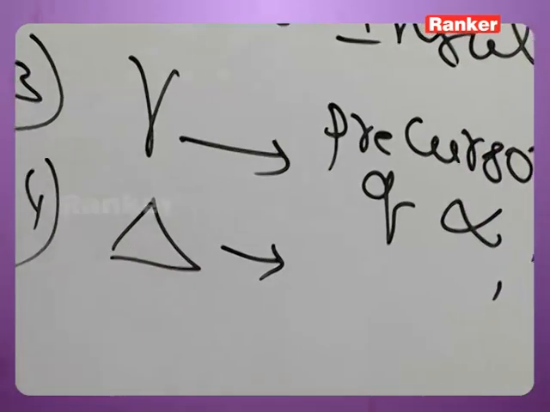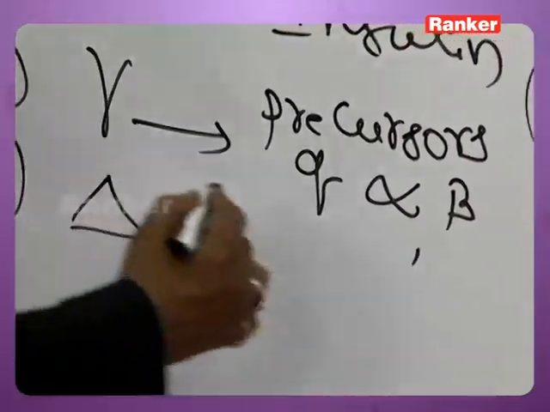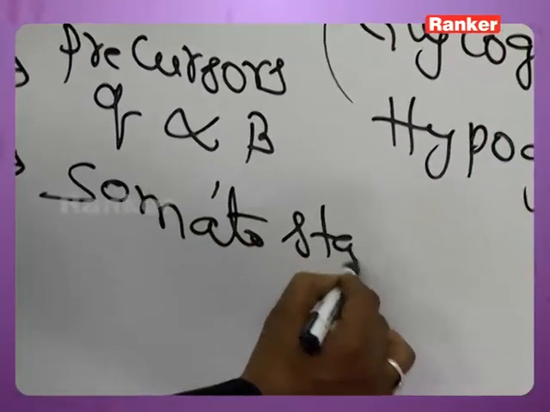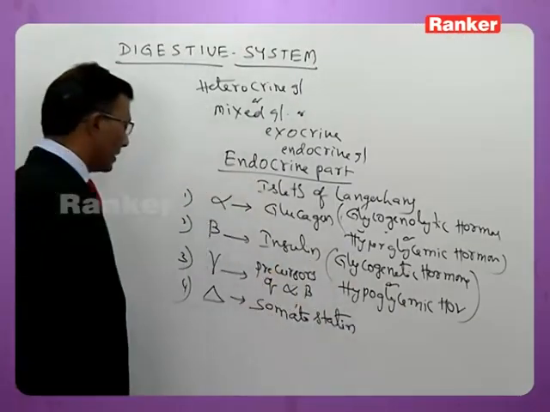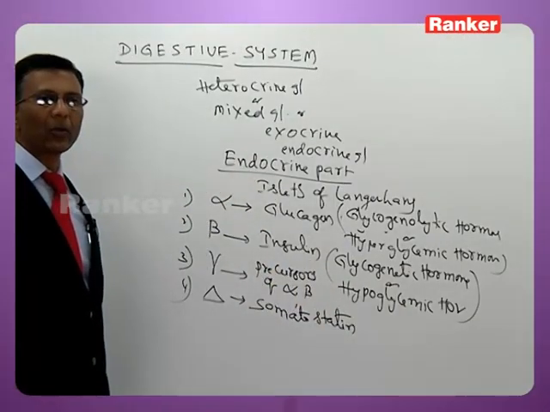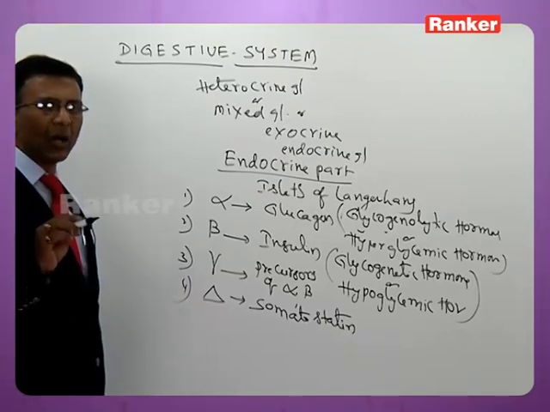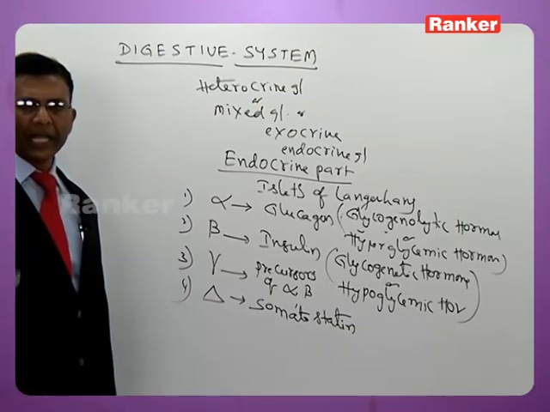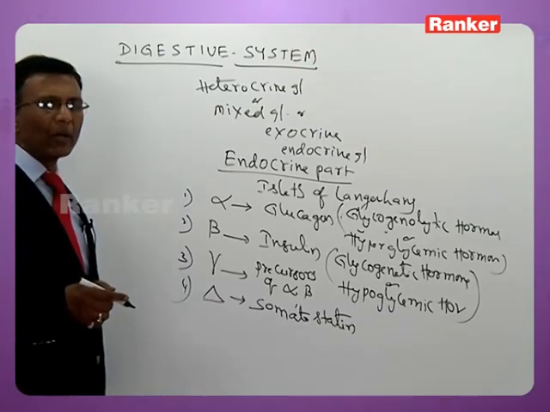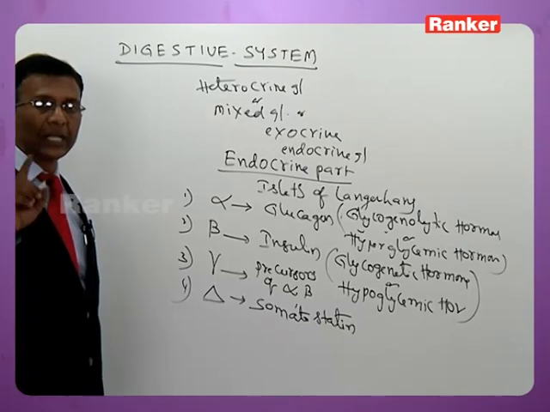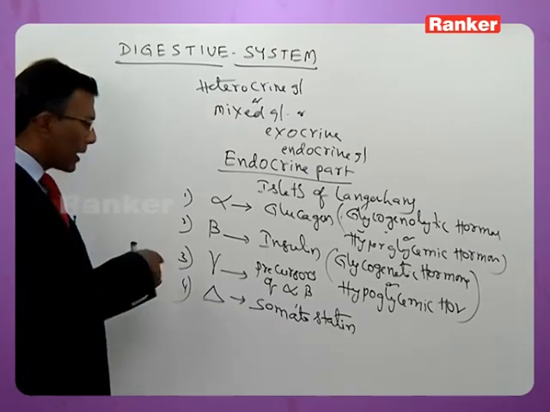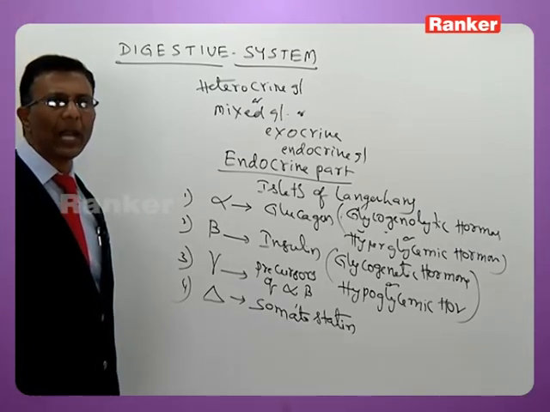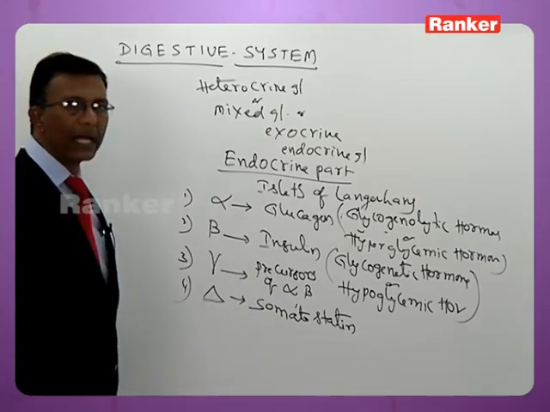The delta cells of islets of Langerhans synthesize somatostatin. Somatostatin regulates secretion of both insulin and glucagon. Somatostatin is secreted even by the hypothalamus also. The somatostatin secreted by the hypothalamus regulates secretion of GH, growth hormone. Somatostatin secreted by the pancreas regulates secretion of both insulin and glucagon. That is secreted by delta cells.